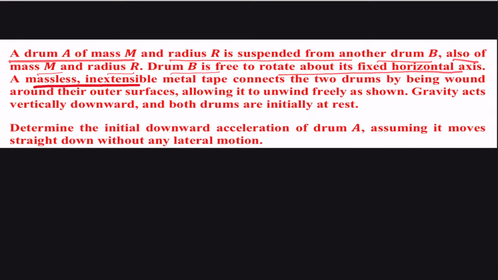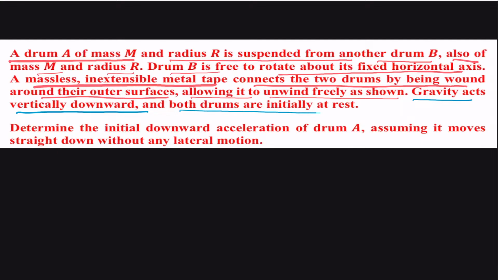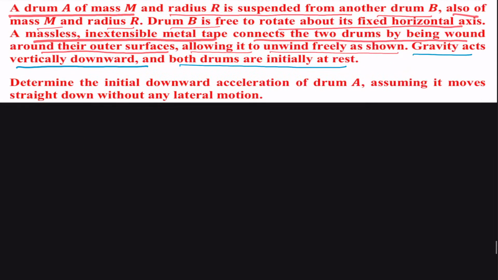A massless inextensible metal tape connects the two drums by being wound around their outer surfaces, allowing it to unwind freely as shown. Okay, I'll draw the figure. Gravity acts vertically downward and both drums are initially at rest. Determine the initial downward acceleration of drum A, assuming it moves straight down without any lateral motion.